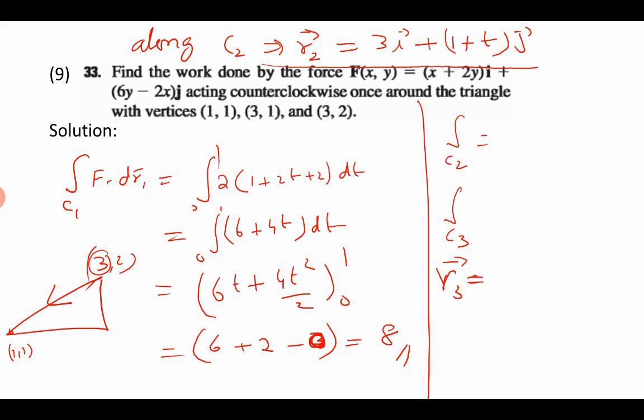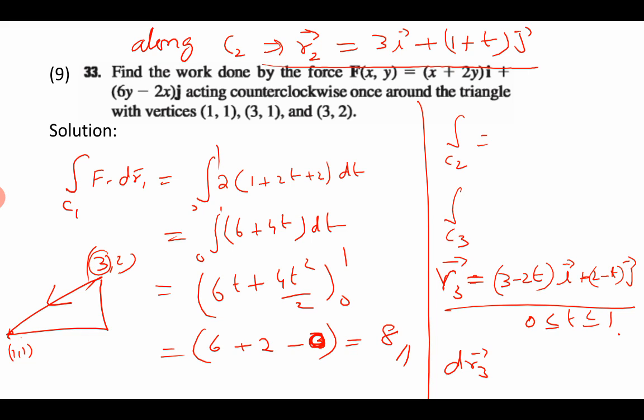So you are coming this way from 3 minus 2t for the x direction, plus 2 minus 1 times t j, where the t limit is 0 to 1. And then find dr3, then dot product with the f, and then integrate from 0 to 1. You will get 3 answers, sum them up, and the final answer is -4. Final answer is -4. Try.